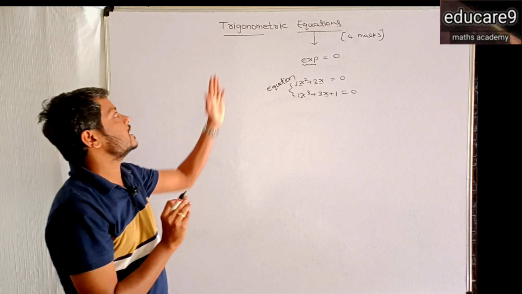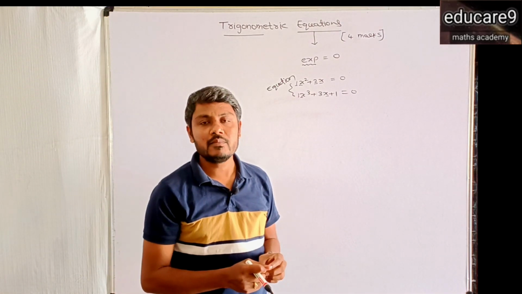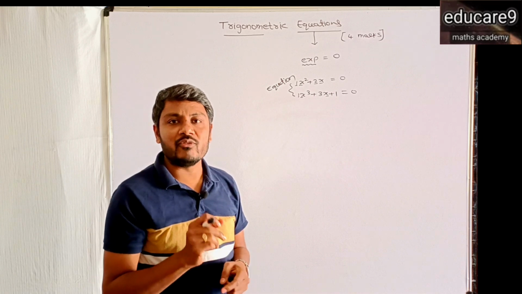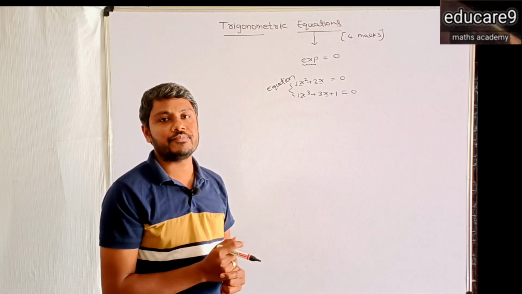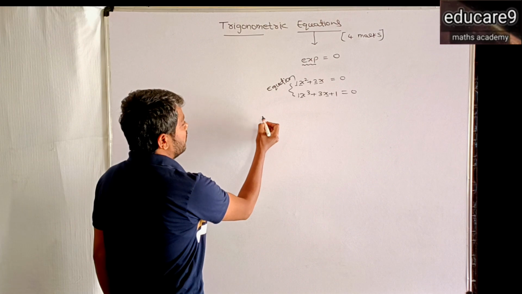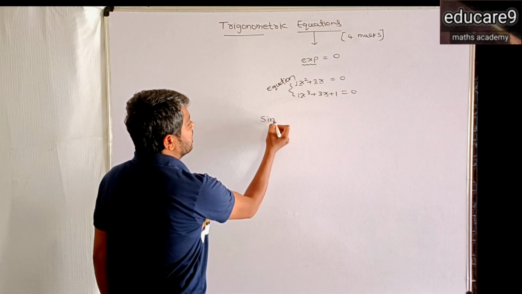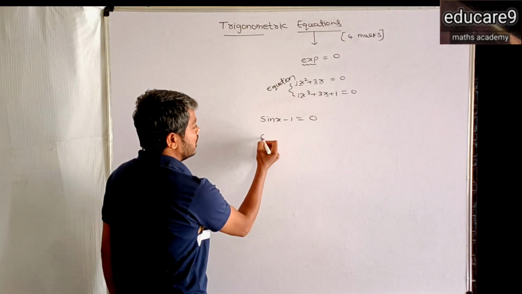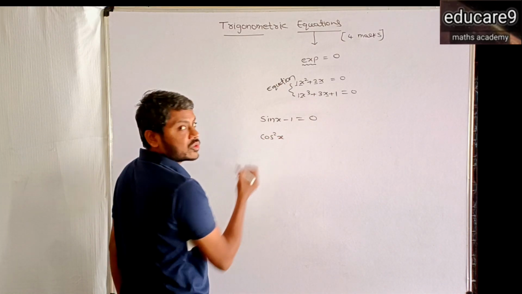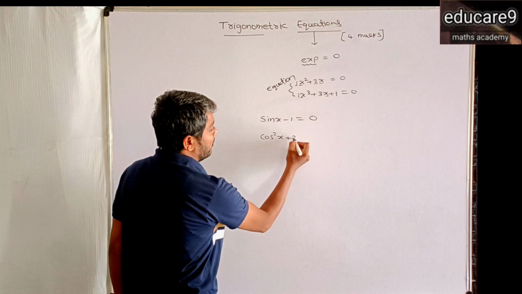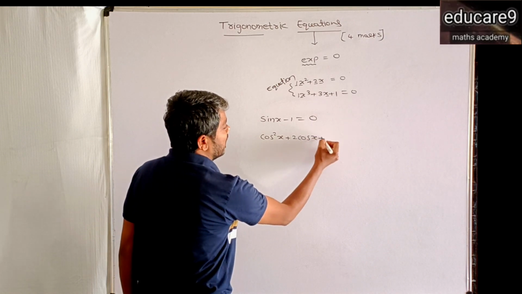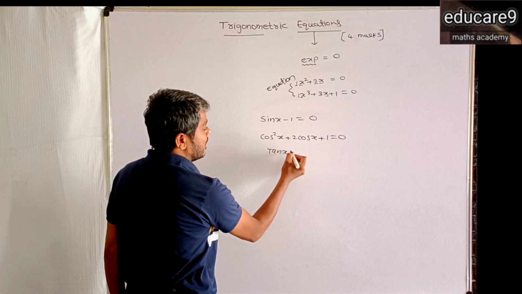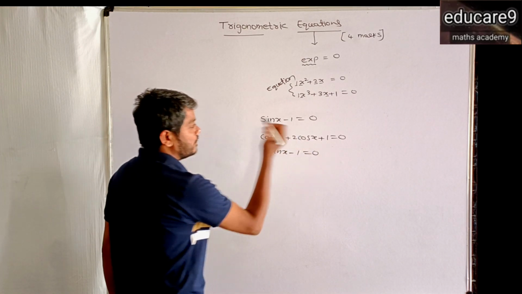But here our chapter name is trigonometric equations. So simply, a trigonometric equation means an equation involving trigonometric ratios. For example, I am writing the equations sin x minus 1 equals 0, or cos square x plus 2 cos x plus 1 equals 0, or tan x minus 1 equals 0. Clearly these have the equal symbol, and the left hand side has trigonometric ratios.